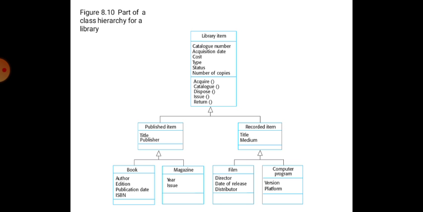In the bottom section you have various functions or methods such as acquire, catalog, display, issue, return. In software engineering, these are called operations. You can study this diagram in detail. It will be there in the PDF also. We will go to the next slide.